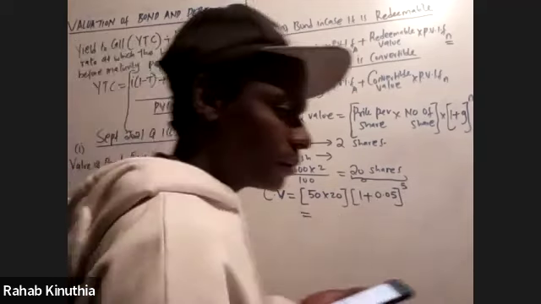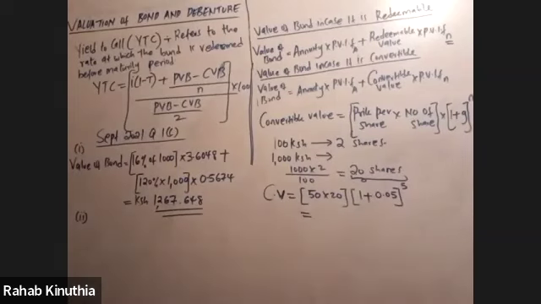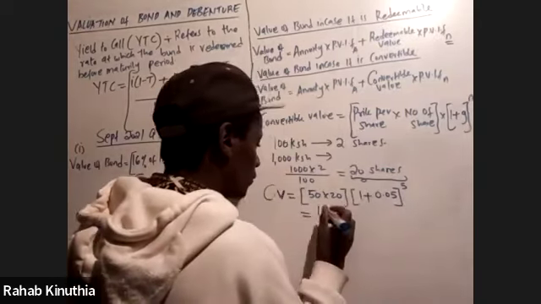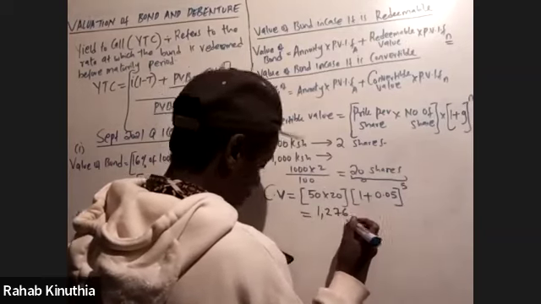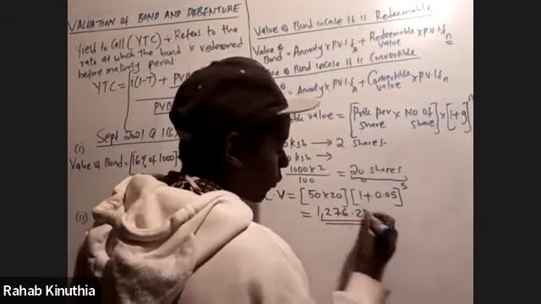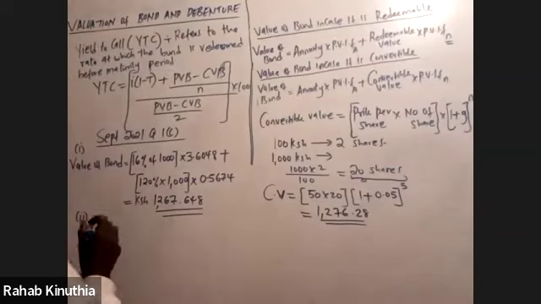So the convertible value will be 50 times 20 times 1.05 raised to 5. The answer is 1276.28.